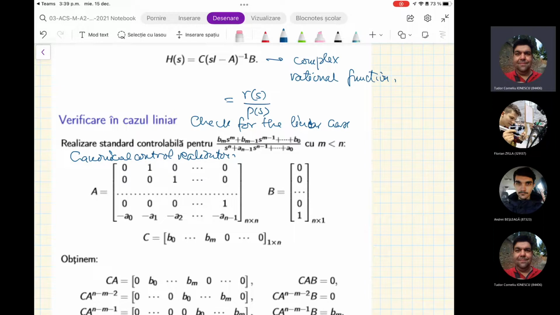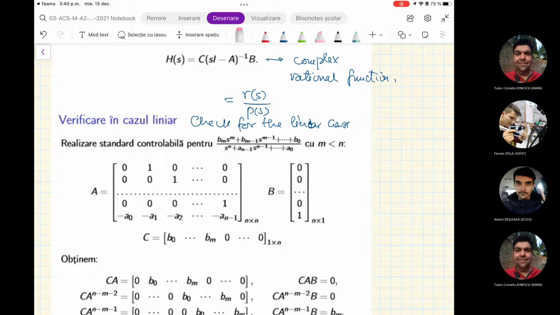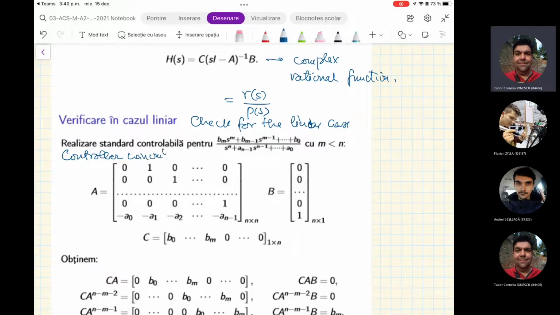Just keep this in mind. This is the controller canonical form, the controller canonical realization.